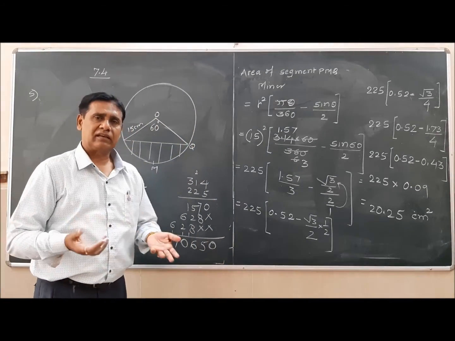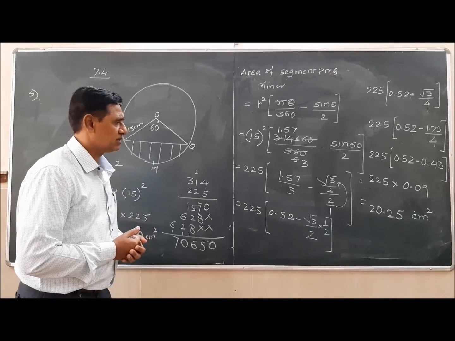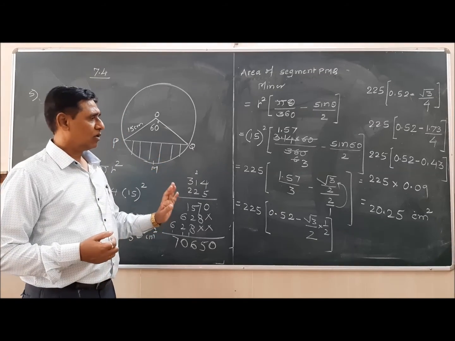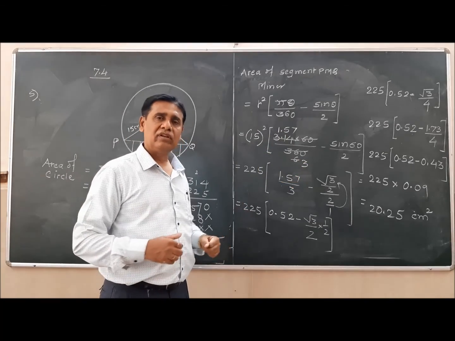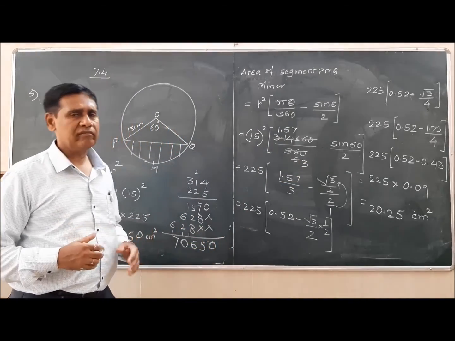How will we calculate the major segment? The area of the circle minus the area of the minor segment will give us the area of the major segment.